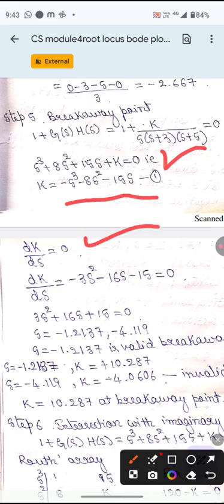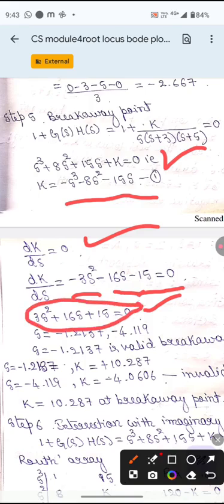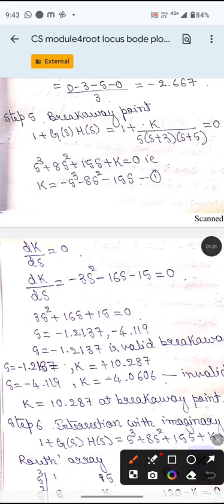You need to differentiate with respect to s. So you will get minus 3s square minus 16s minus 15 is equal to 0, that is 3s square plus 16s plus 15 is equal to 0. Use the quadratic equation and you will get 2 roots: minus 1.2137 and minus 4.119.